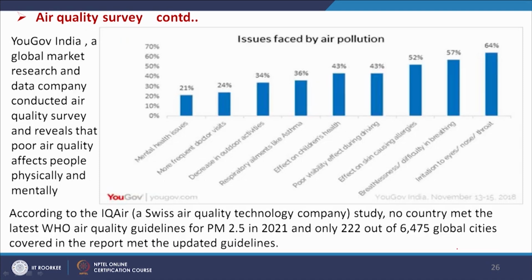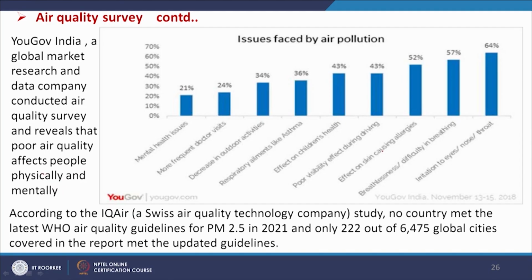This slide gives us some information on the air quality survey made by YouGov India, a global market research and data company. They conducted an air quality survey and revealed that poor air quality affects people physically and mentally.